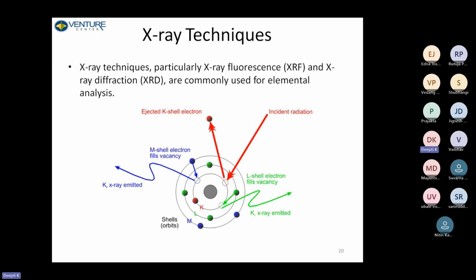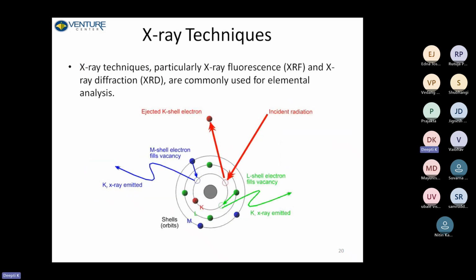The principle of an X-ray technique is again very similar to what a spectroscopic equipment operates on. The only difference is that instead of using a plasma or a flame, an X-ray is used here to excite the molecules.